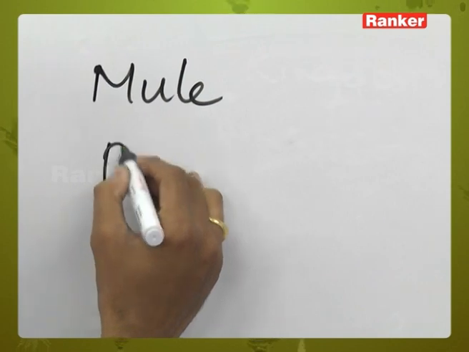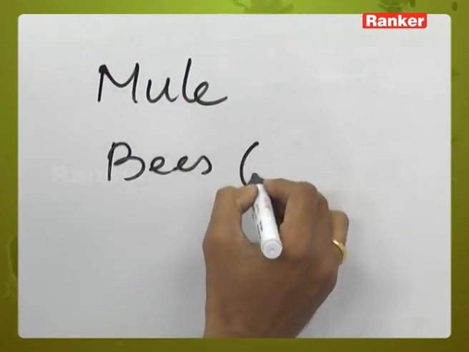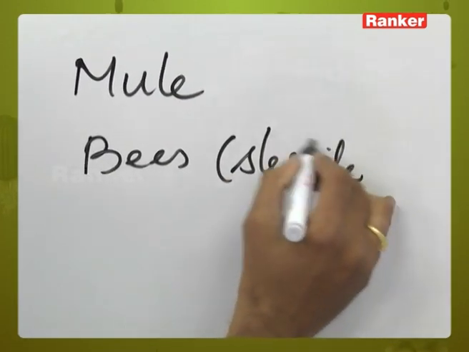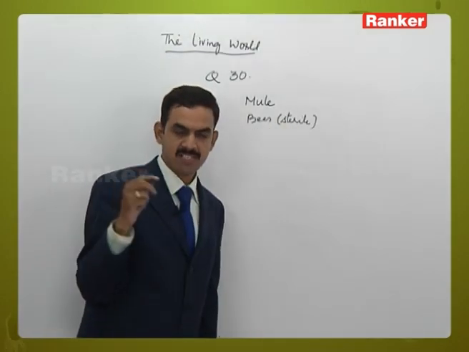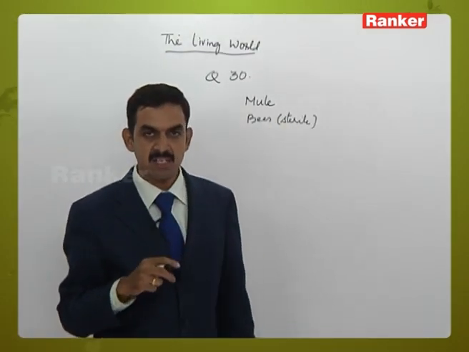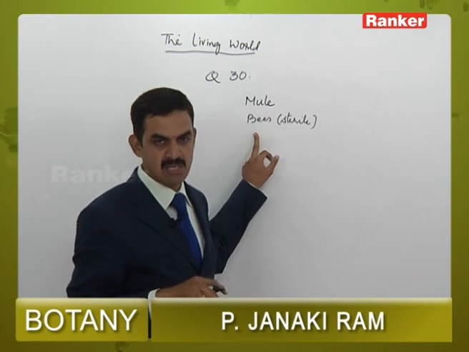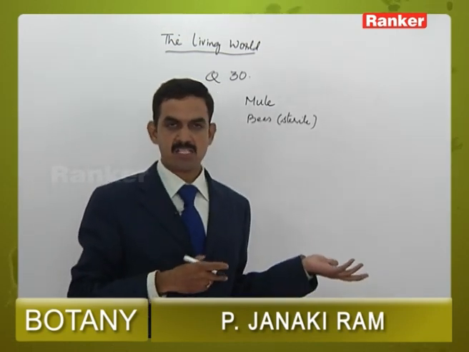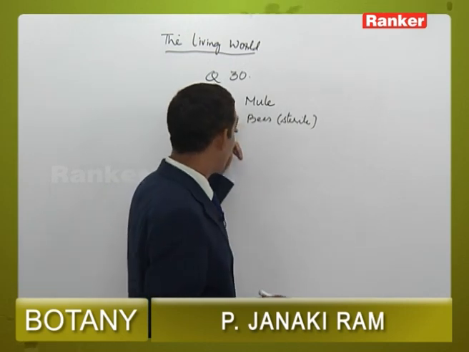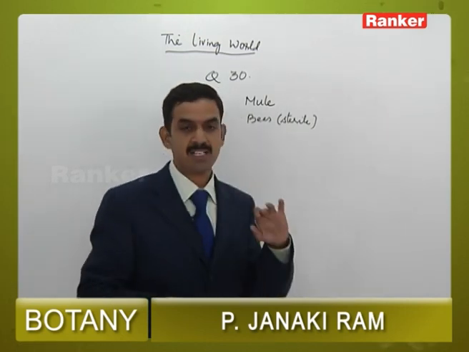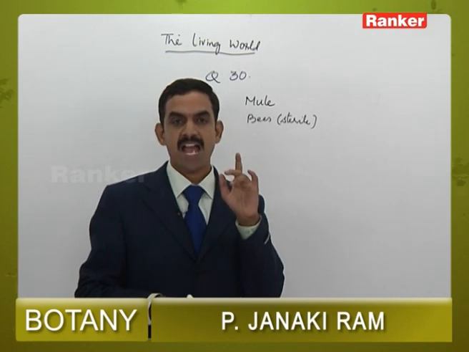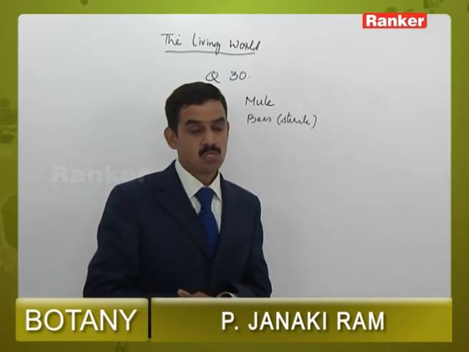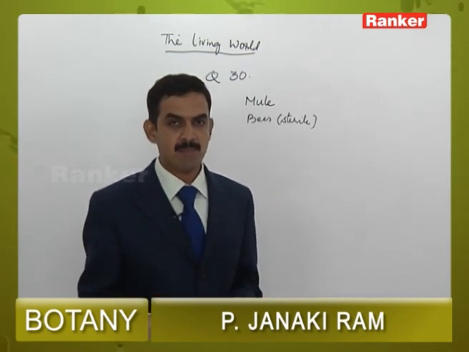Then the worker bees, honey bees, are sterile. In honey bees, the fertile ones are the king and the queen, whereas the worker bees are the sterile ones. And some other impotent parents are also there. These are living organisms, but they do not have the ability to reproduce. So that's the reason why we should not call them inanimate things.